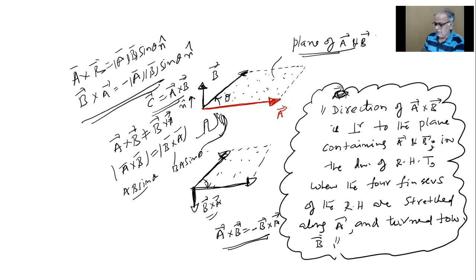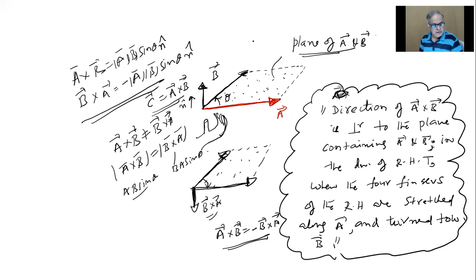Within our intermediate syllabus, 11th and 12th, you got around 10 quantities like that. So you need to put this right hand in your memory. Every time you need to think that I should move the right hand to get my direction of A cross B.